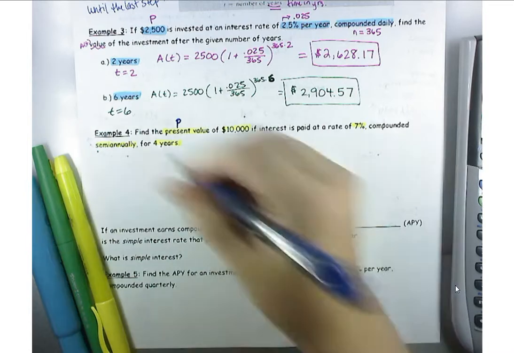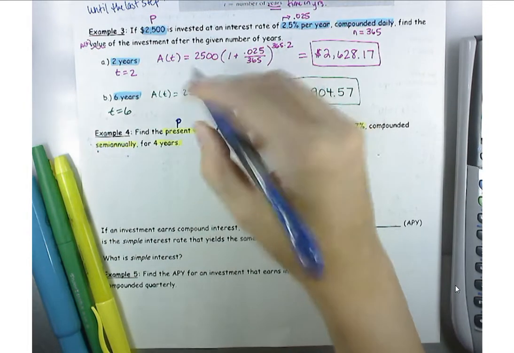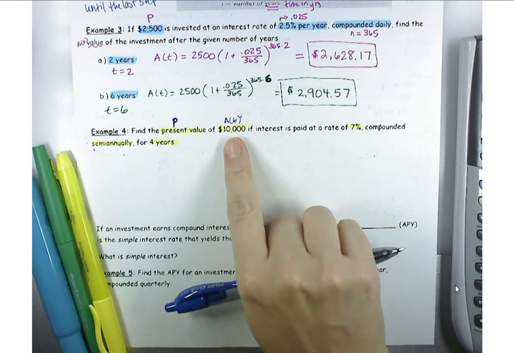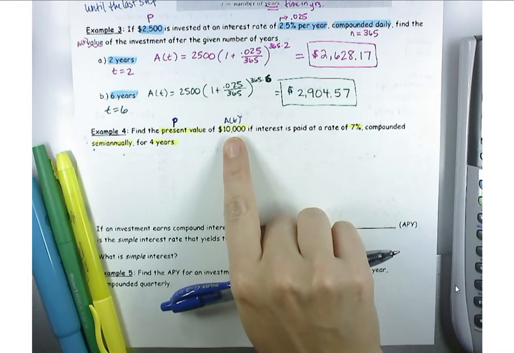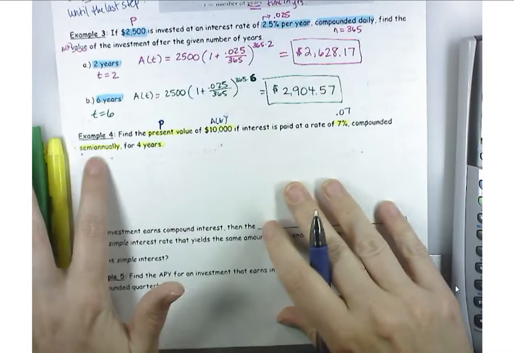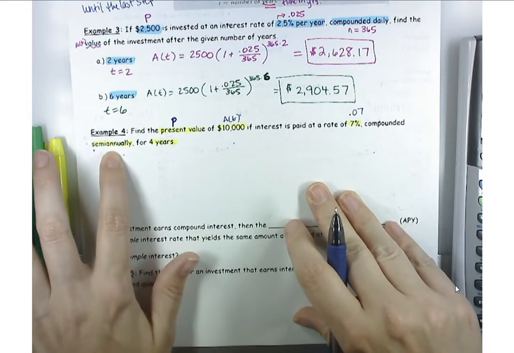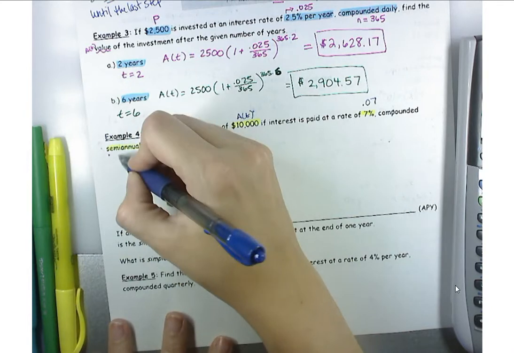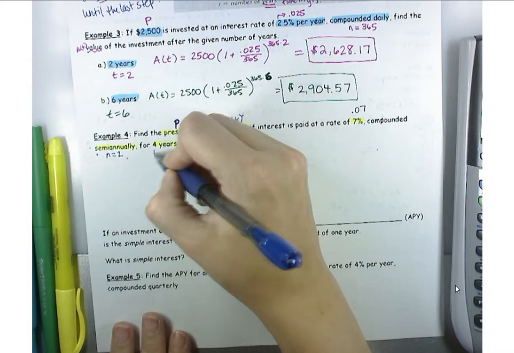So the present value of 10,000, that would be the amount in the account. Okay, and then it's paid at a rate of 7%, which would be 0.07. And if it's compounded semi-annually, do you guys know how much that is? Twice a year. Okay, so semi like semester, twice a year. Okay, and then for 4 years, so your T is going to be 4.